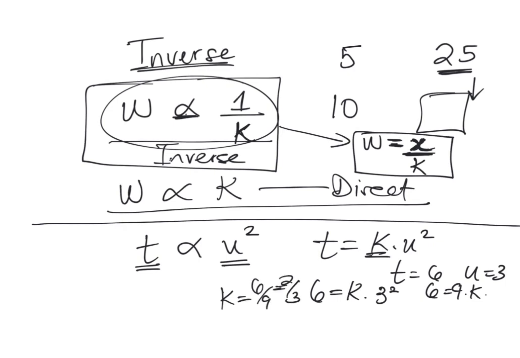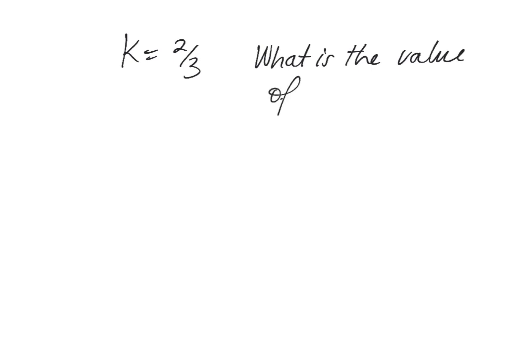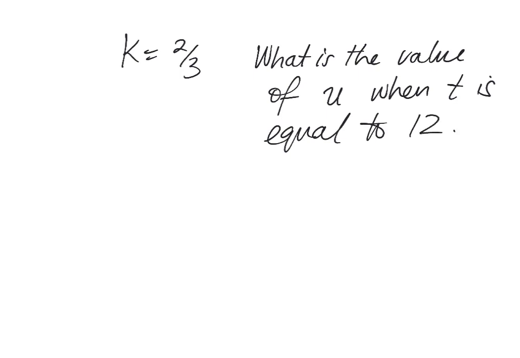In some cases, they can ask you then, for example, you've just solved for K, right? It was 2 over 3. And they could tell you, well, what is the value of, let's see, U when T is equal to, and they could say, for example, 12.